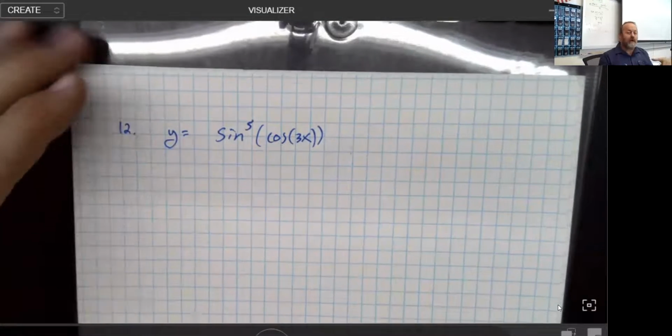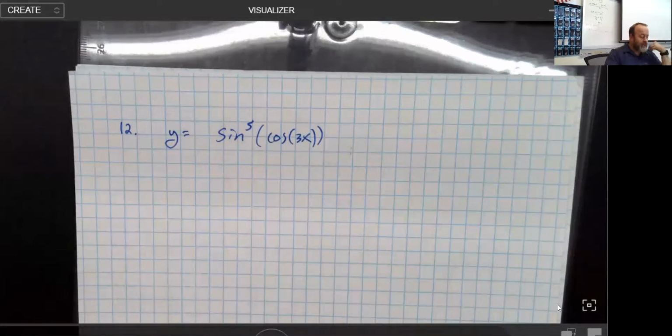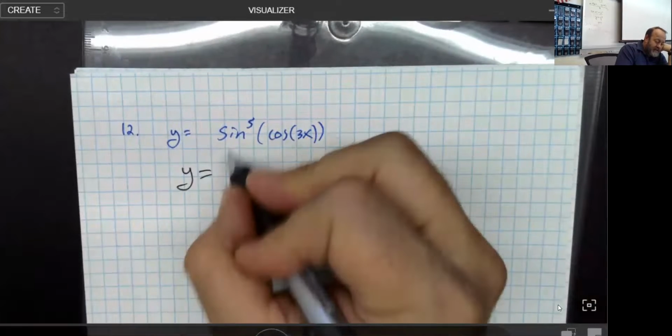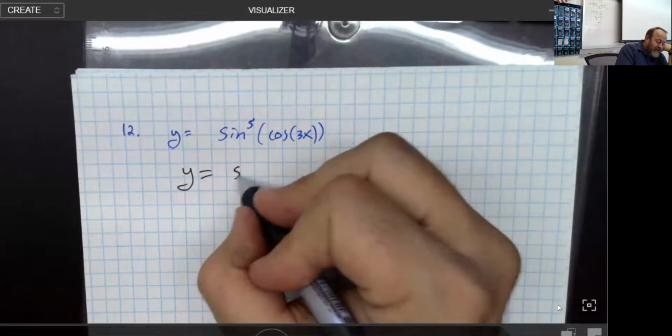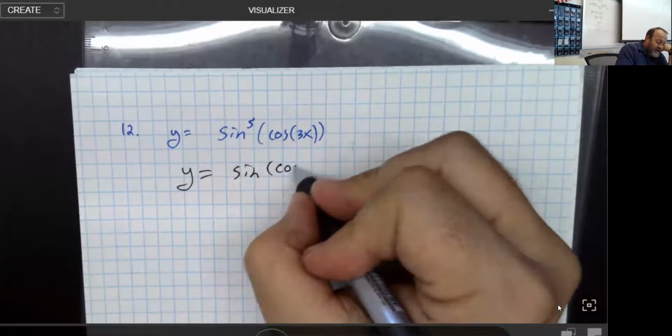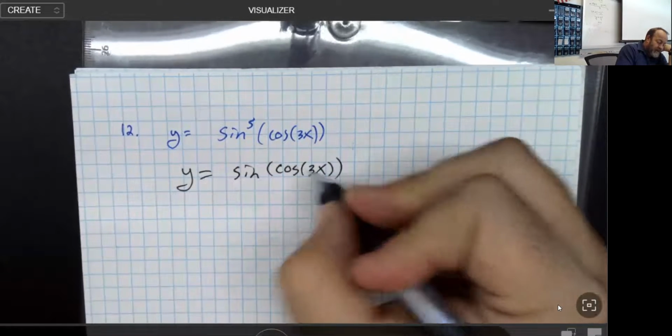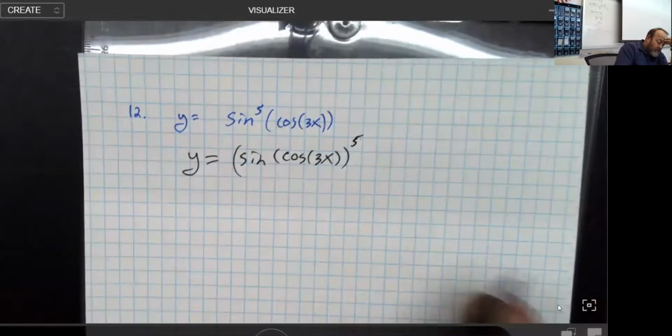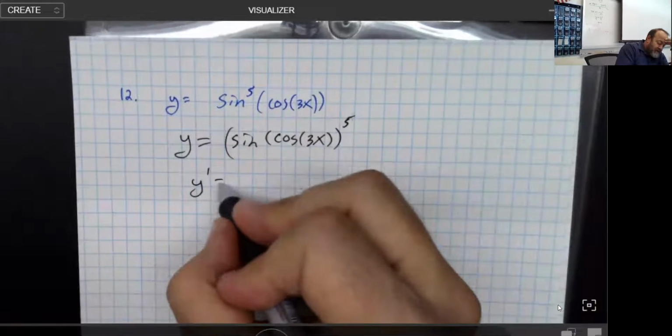And then my last problem, this is just going to whet your appetite towards the last one, is basically a multi-level chain. Because if you say y is the sine to the 5th, that's saying I've got the sine of the cosine, which is a little bit ugly, and all of this is to the 5th power. So my chain rule would say, let's take the derivative of the outside function.